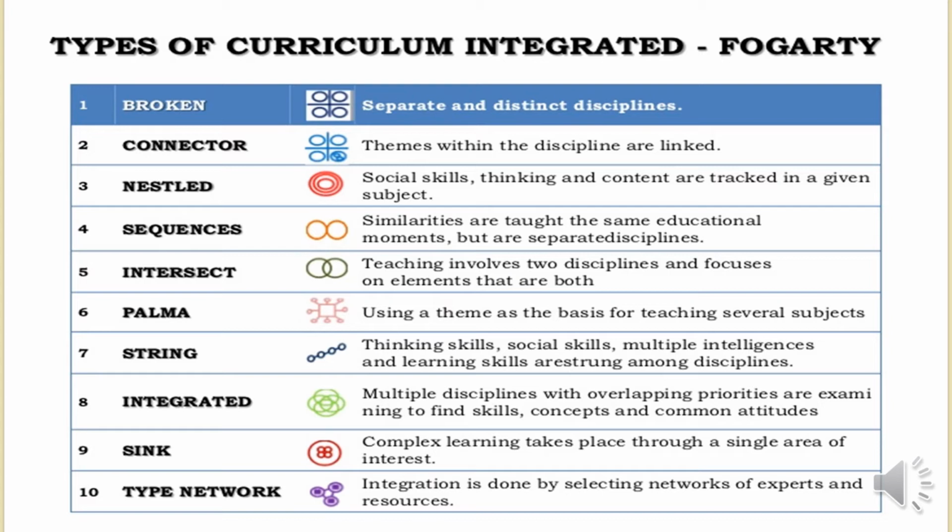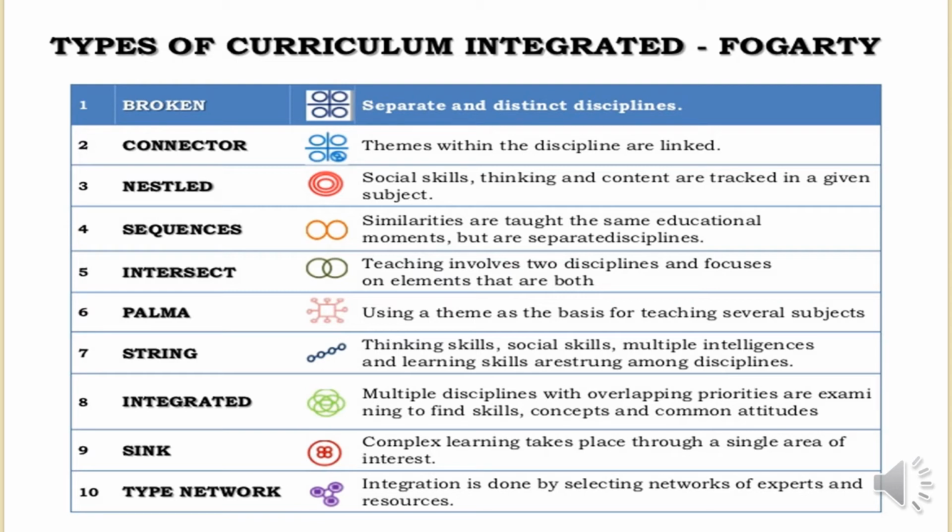Secondly, we have connectors. This deals with themes that are able to link the disciplines together. So if you are able to see, we have connections in one of the subset. All right, next is nestled. This focuses on social skills, thinking, and content that are tracked in a given subject.